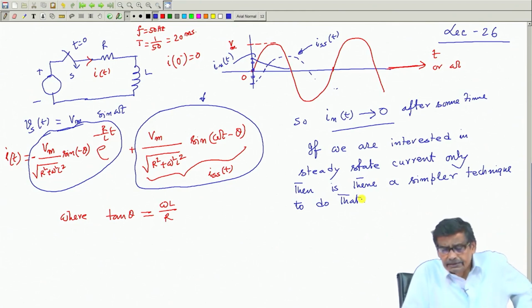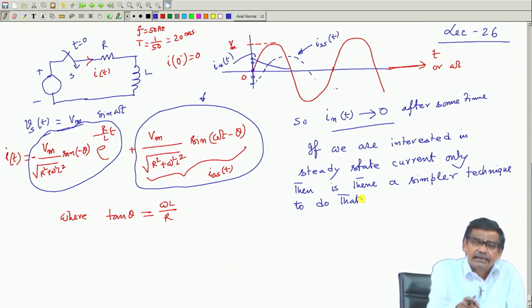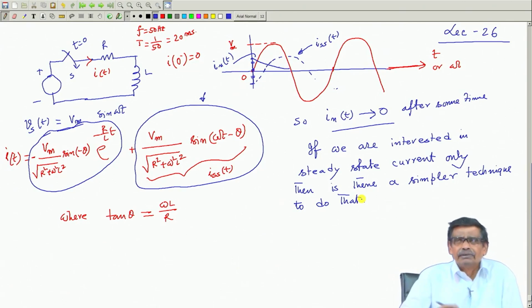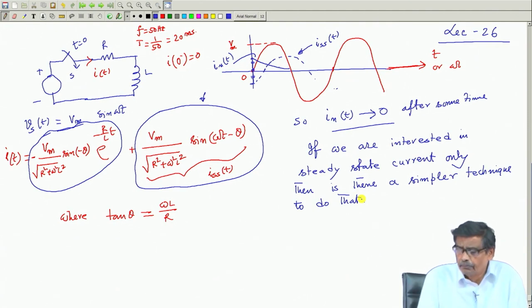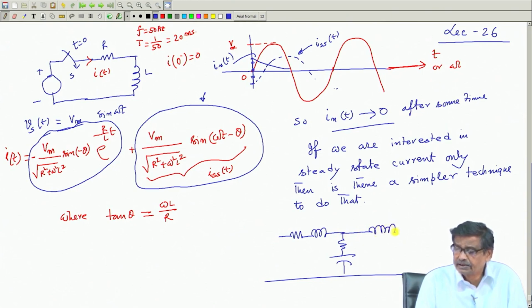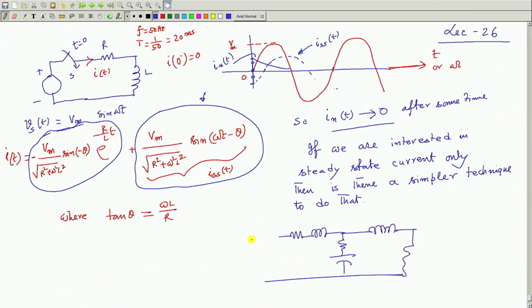See, it looks like you have a circuit which may not be as simple as a simple RL circuit. There may be series, parallel, so many energy storing devices will be present, and for example, a circuit like this: inductance, here is capacitance, here is another R, inductance, another R, and you close the switch at some t equal to 0.